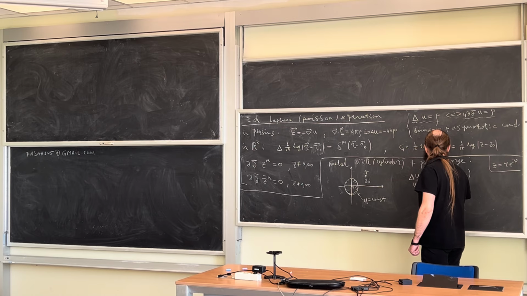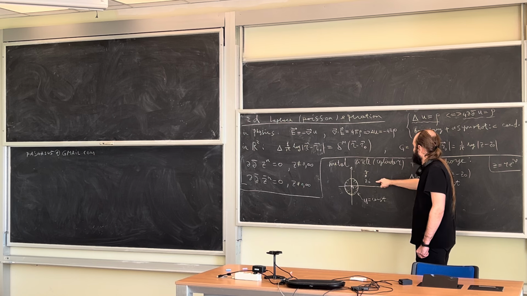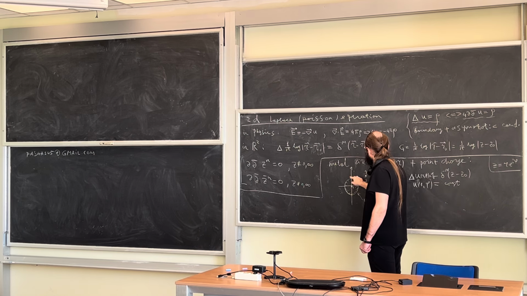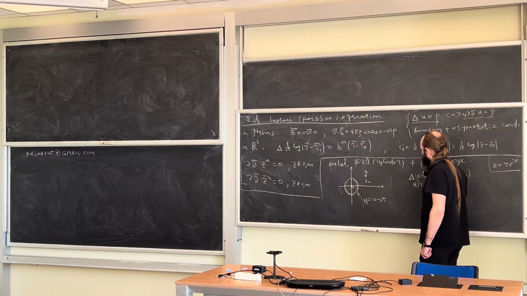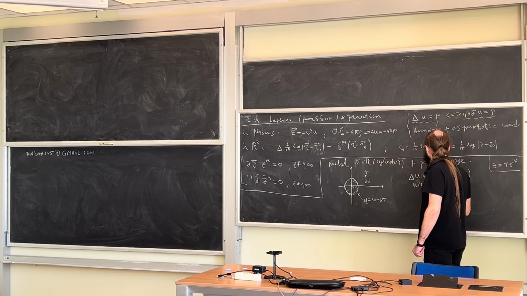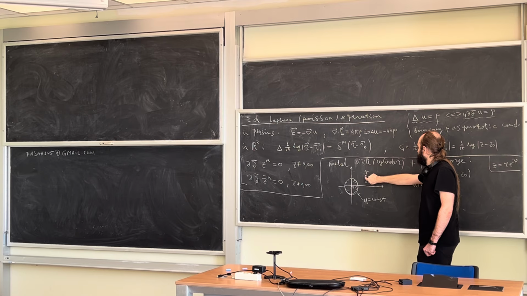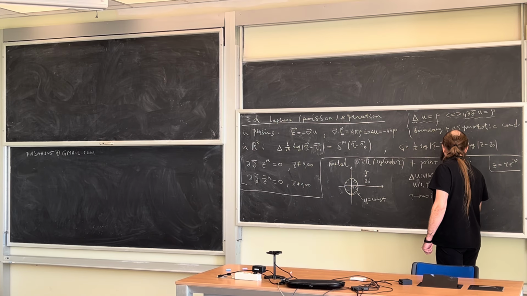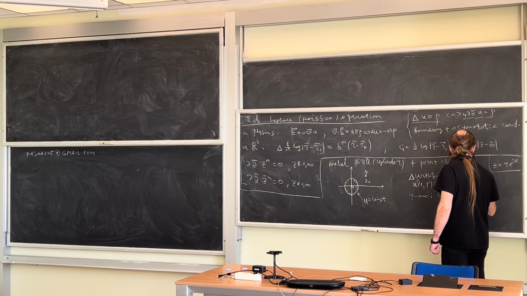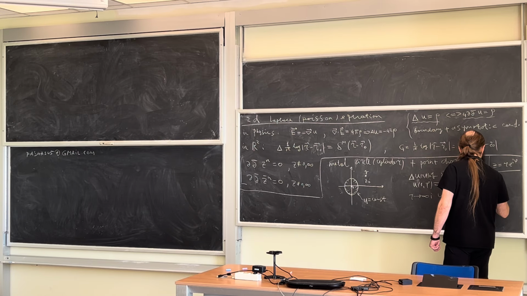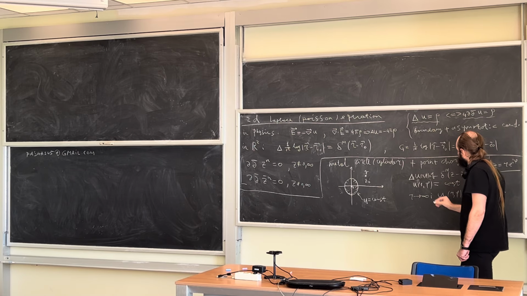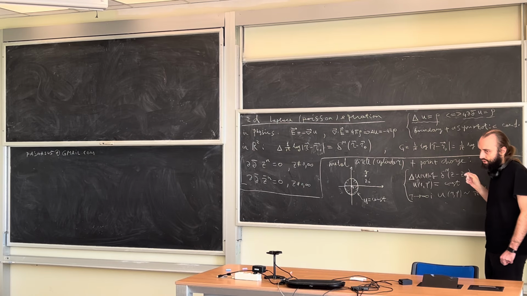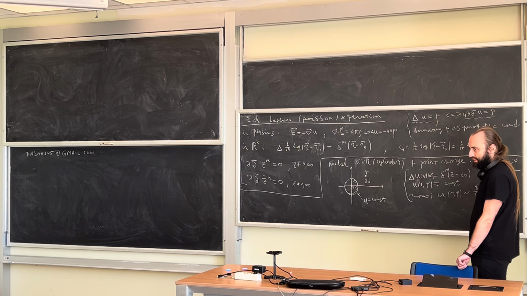And the condition that the charge of this circle is zero tells us that the asymptotics at infinity should be given by this charge only. So when r goes to infinity, u of (r, phi) should behave like Q over 2 pi log of r. So is the problem clear?